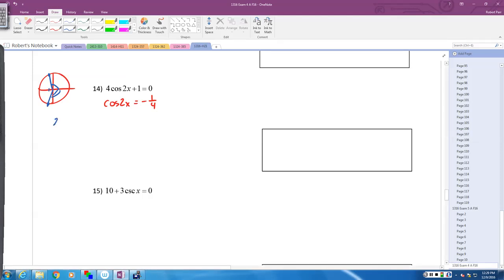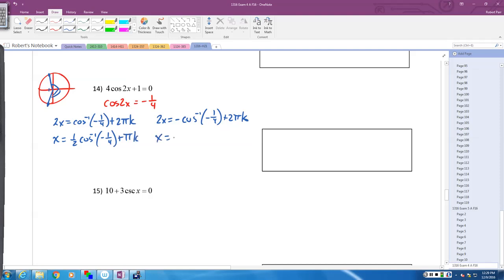So, 2x will equal inverse cosine of negative 1/4 plus every 2 pi k, or 2x equals negative inverse cosine of negative 1/4 plus every 2 pi k. So, dividing everything by 2. Don't forget to divide that 2 pi k by 2 also.